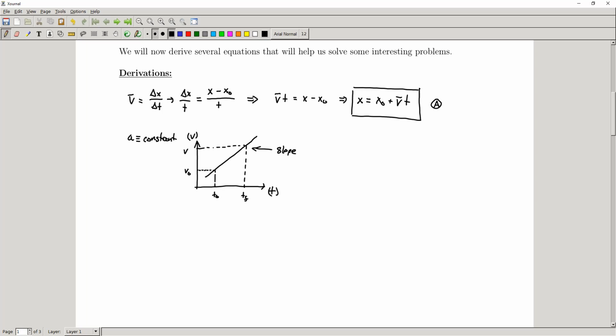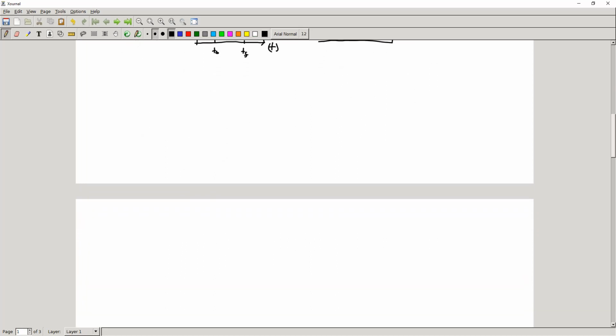Then it must be true, if this is linear, which it must be because we're talking about constant acceleration, that our average velocity is just going to be equal to our initial velocity plus our final velocity over 2, right? Because we can imagine if we added the two of these up and divided them in half, we would end up with a value here, and that clearly would have to be our average velocity. Okay, so this is going to be the second equation that we're going to find useful.